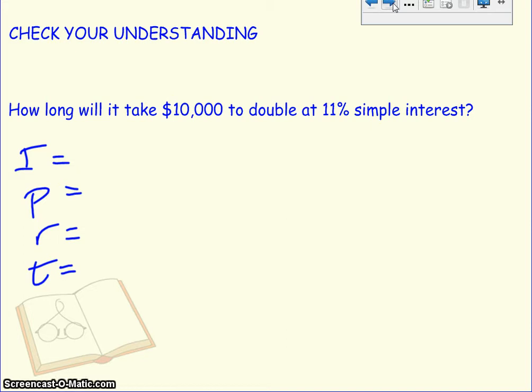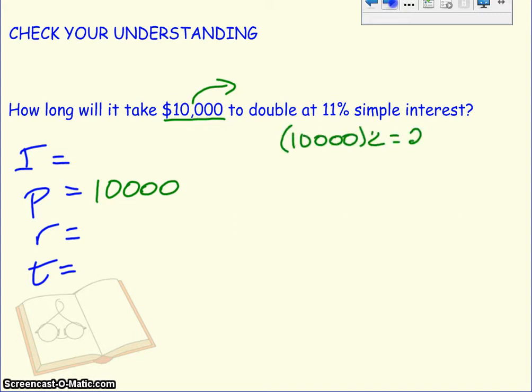All right, this one also, hopefully you picked up from the actual example that this one's a little tricky, just like the example was. It says, how long will it take $10,000, so that's my principal, to double? So if it's $10,000, $10,000 doubled would be that value times 2, which equals 20,000.